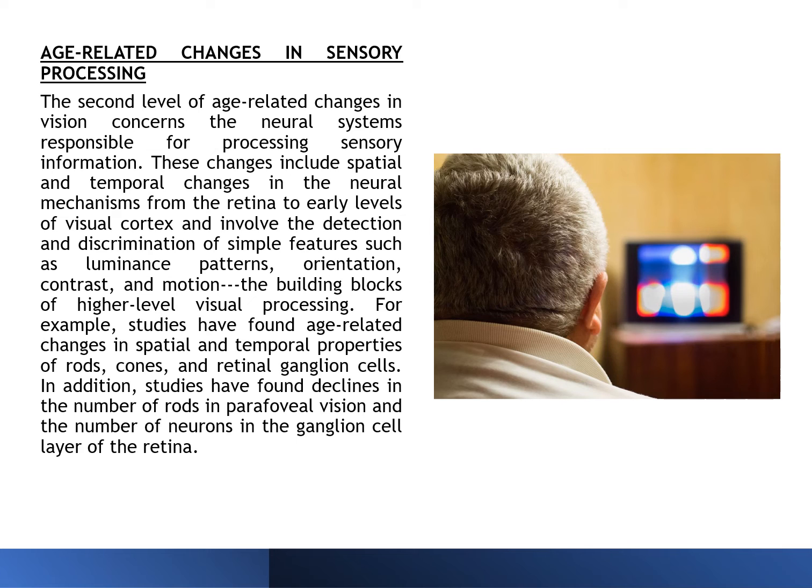For example, studies have found age-related changes in spatial and temporal properties of rods, cones, and retinal ganglion cells. In addition, studies have found declines in the number of rods in parafoveal vision and the number of neurons in the ganglion cell layer of the retina.